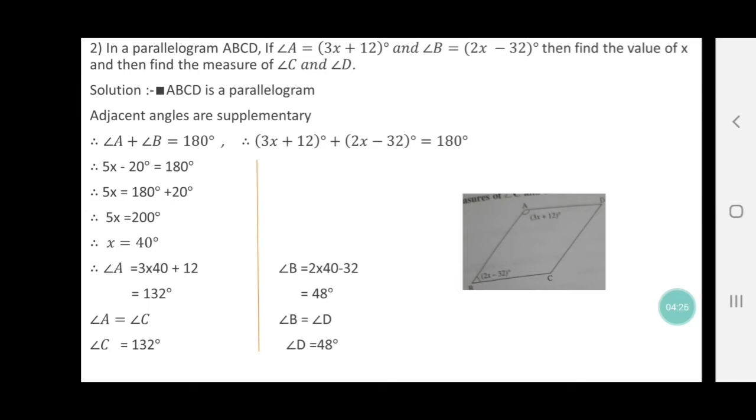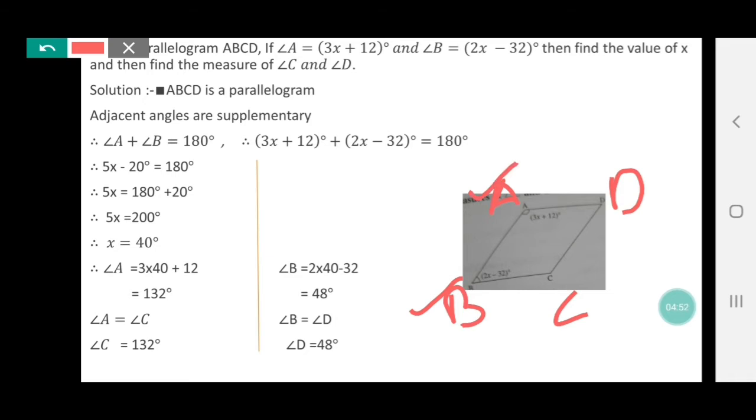We are supposed to find the value of x and the measure of angles C and D. Now we all know that angle A and angle B are supplementary. This is angle A over here, angle B, angle C and angle D. Both the angles are adjacent to one another. Adjacent angles are supplementary. Therefore angle A plus angle B is equal to 180 degrees.